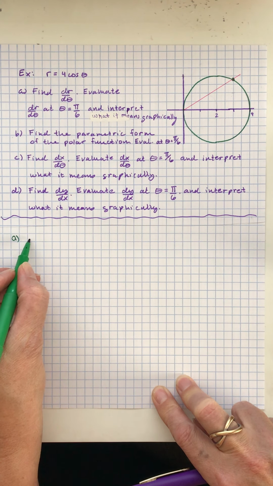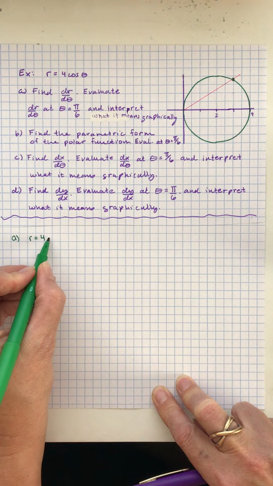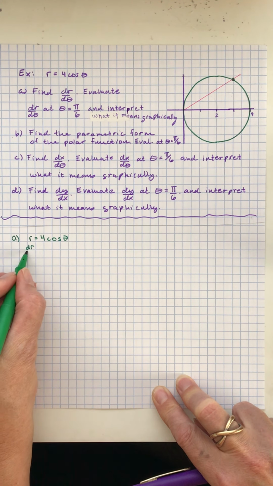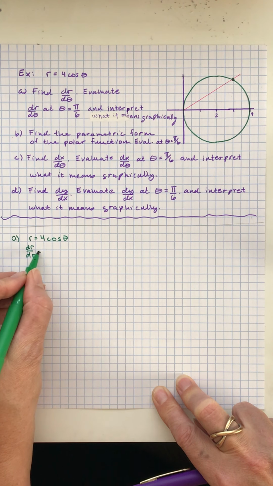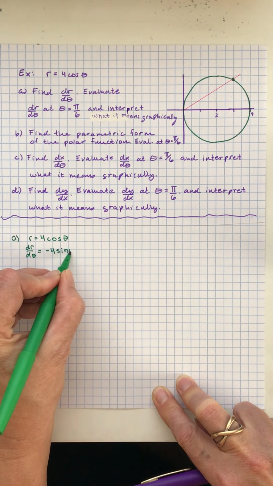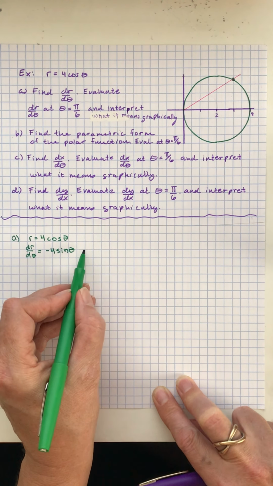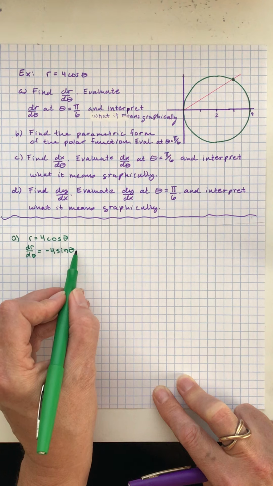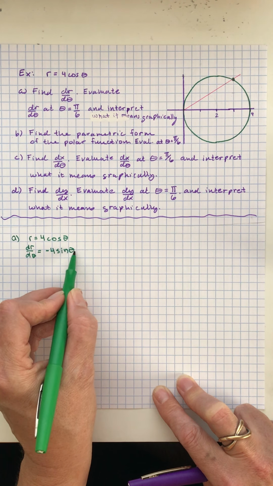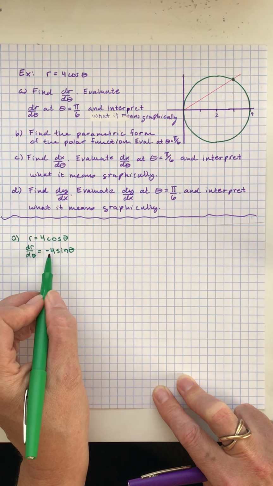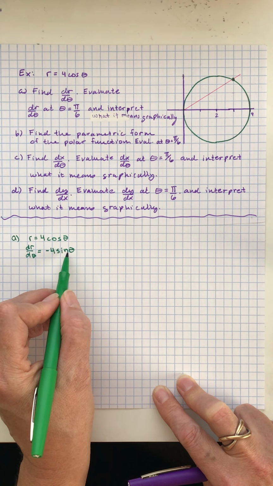If r is equal to 4 cosine theta, then dr/d theta is equal to -4 sine theta. If you were worried about whether you needed a d something over here, it would be d theta, which would just be 1. So the derivative we're looking for is just -4 sine theta.